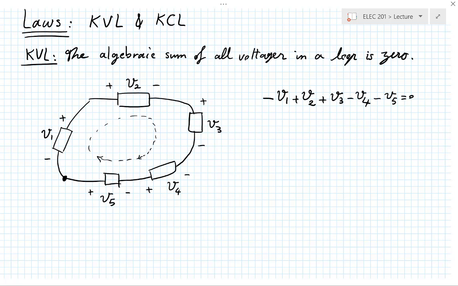V1 could well come out of the solution to be positive 5 volts, and V2 might very well end up being minus 2 volts. These pluses and minuses do not indicate whether V1 or V2 is positive or negative. They are just consequences of the KVL equation. Okay, so I'll highlight this.